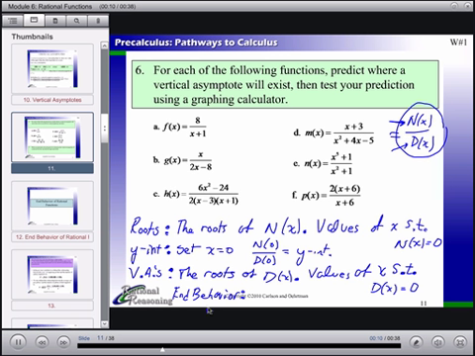That will be what we're going to call the effective leading term: the ratio of the leading terms of n and d. That's what I meant to say.